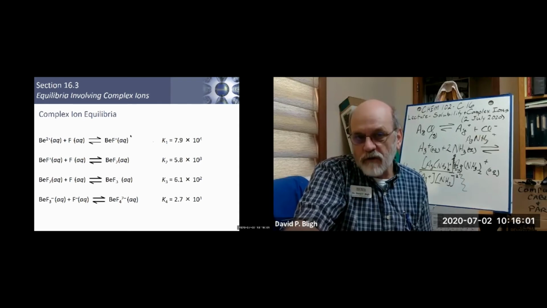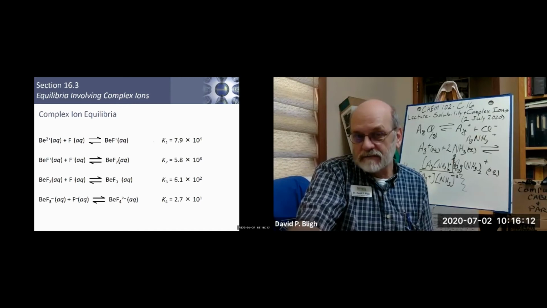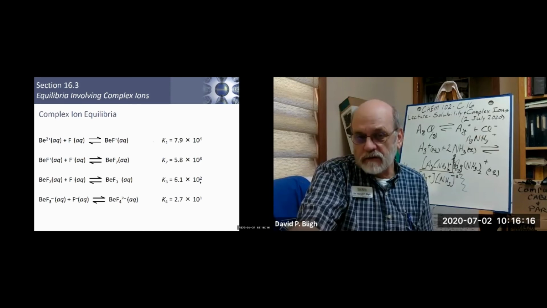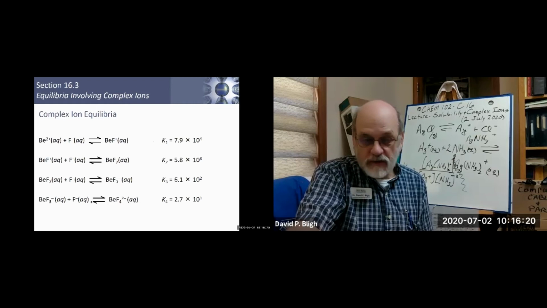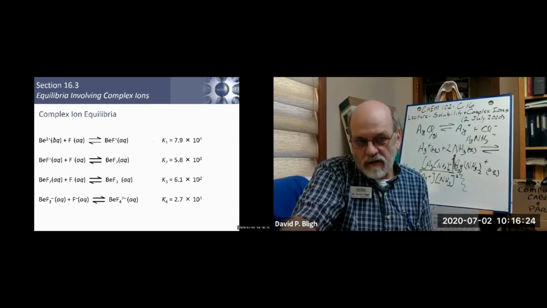So you're going to start off with this one, but then that one attaches another fluoride, and this is large. So what happens to this? Well, practically all of it is converted to that. So then we add another fluoride, and this one's large too. So we get all of that. And this one's relatively large. So we actually end up with 4 fluorides, from here to here.